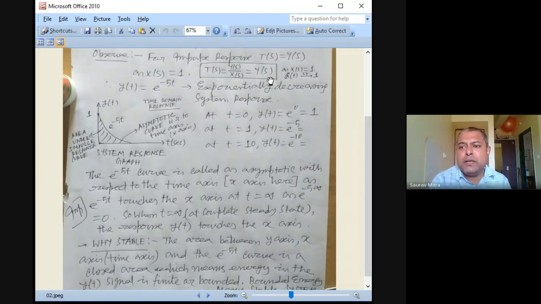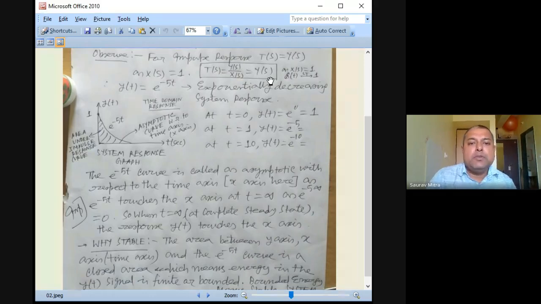X(s) is equal to 1. So if an impulse is given, at that time the transfer function is equal to the output. Whatever is the response of the system, that is nothing but equal to the transfer function. So as X(s) is equal to 1, delta t is equal to 1, Laplace transform is written here, we find that T(s) equal to Y(s) and X(s) is equal to 1. In that case, y(t) is equal to e raised to minus 5t. Very important thing, how to plot y(t) is equal to e raised to minus 5t.